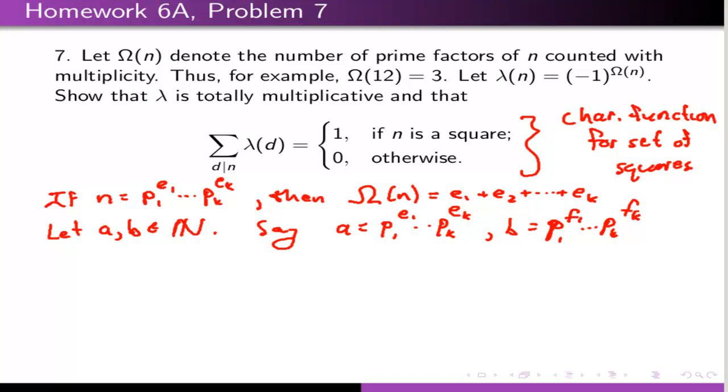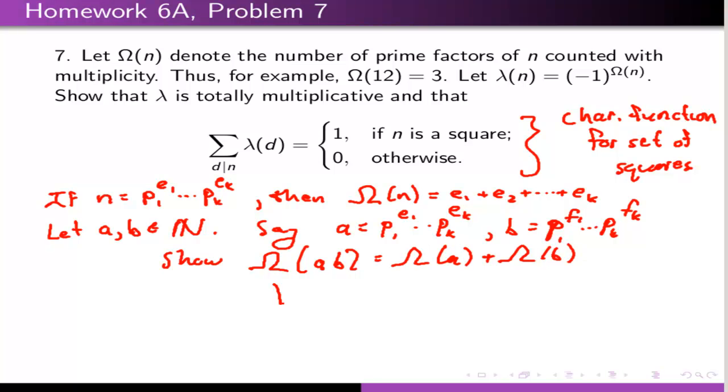You could allow zeros, and it's not going to affect this formula if some of those exponents are zeros. And then just show that omega of AB is omega of A plus omega of B. And then show lambda of AB is lambda of A times lambda of B. So we're trying to show lambda is totally multiplicative. And then once you've done that, you're going to define capital F to be this sum.